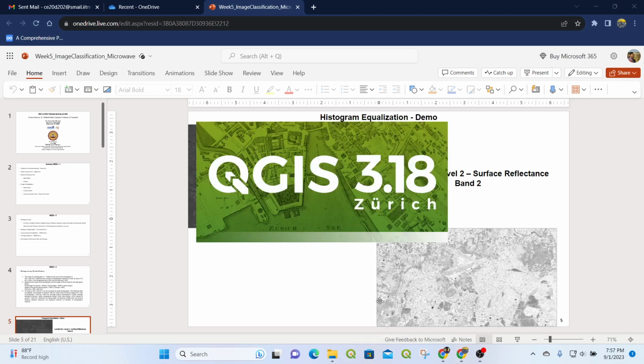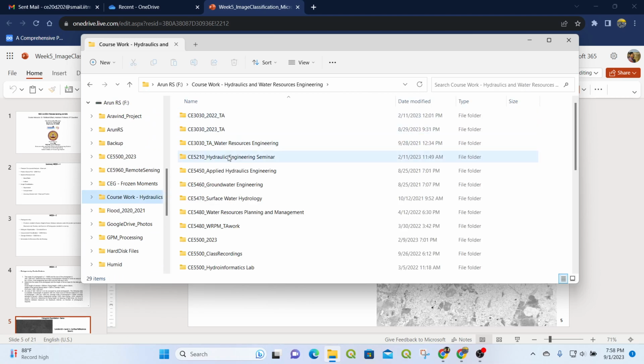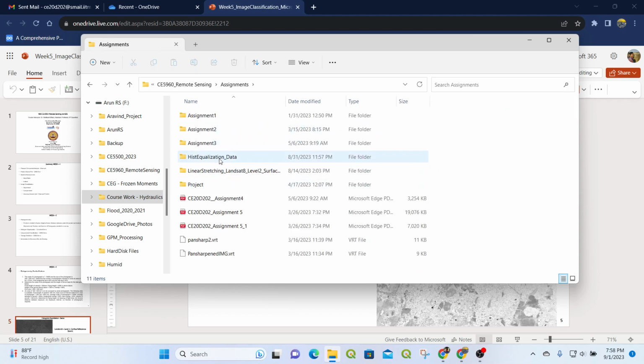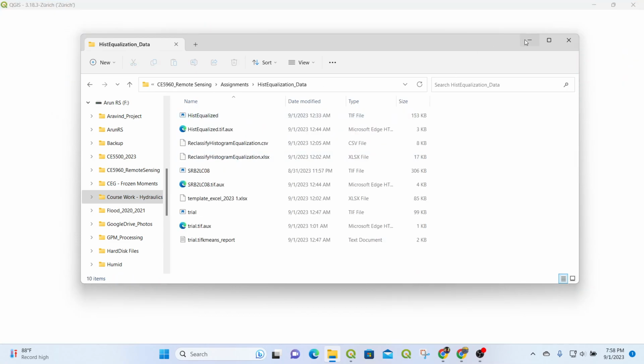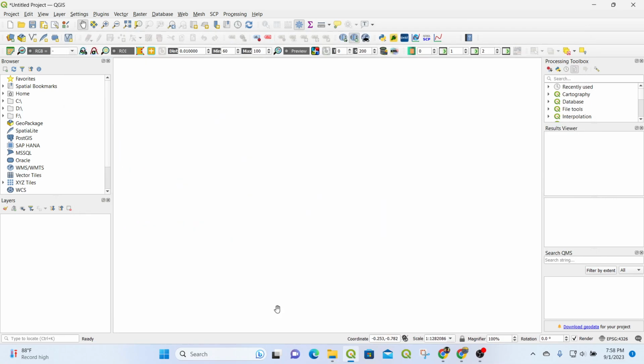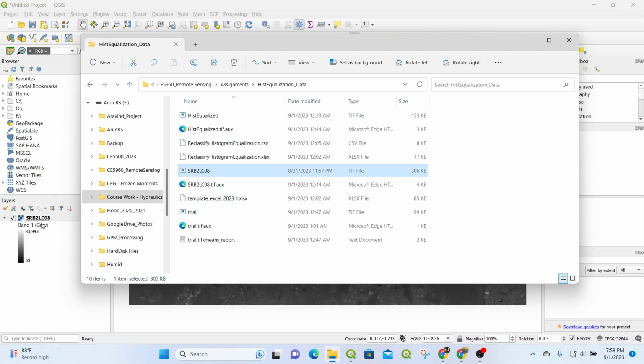So I'm opening QGIS. Okay. So first I'm going to load the data.